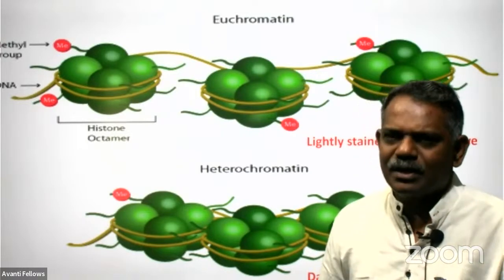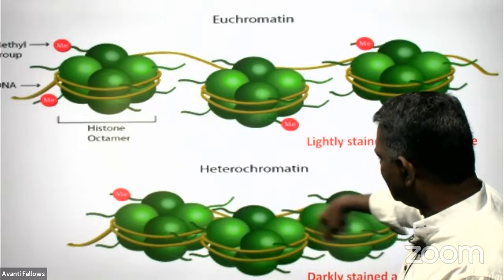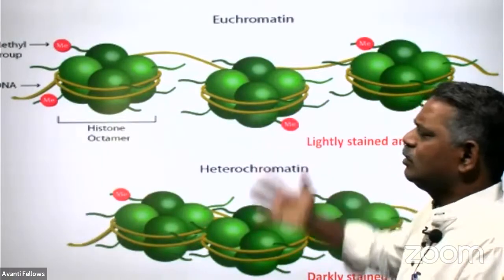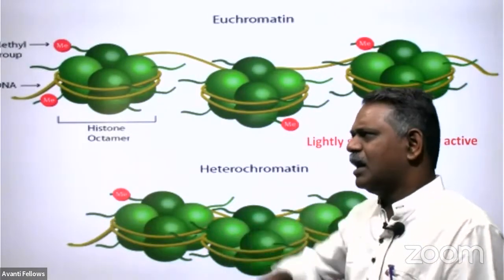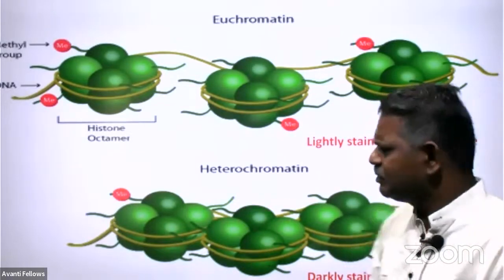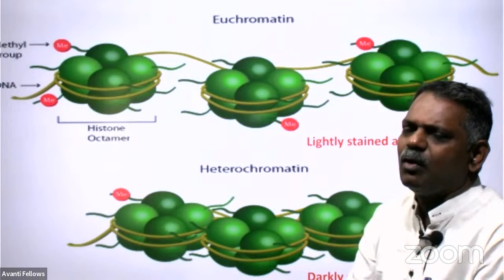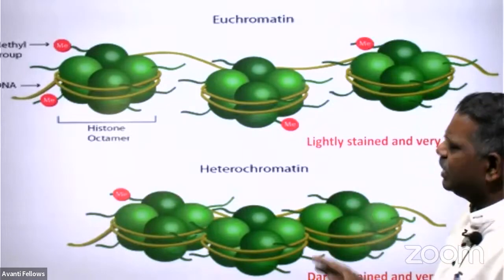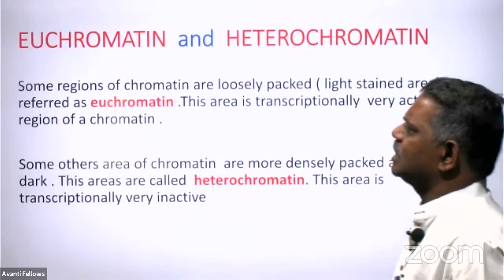But it is transcriptionally very inactive because these are all connected to each other, and the arrangement is very close, not loosely packed, so in this area, getting the DNA back to recoil for the production of RNA from DNA is very difficult. This area normally stains darkly because it is very closely packed, absorbs more stain, and is transcriptionally very, very inactive. The transcriptional process is very slow in this area.